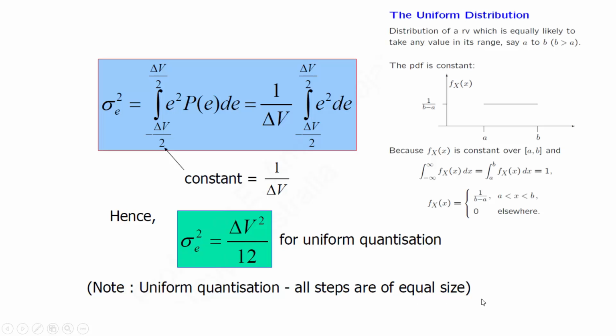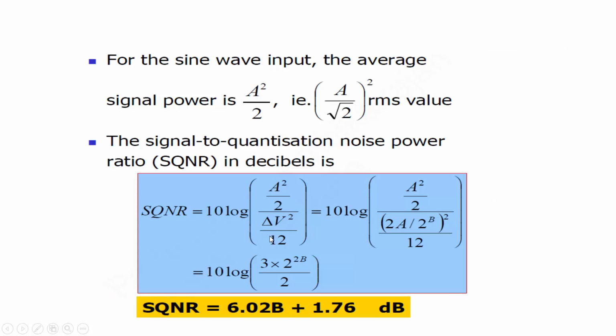There is a possibility that we can have different step sizes also, but for the initial case and for the explanation purpose, I am taking a uniform quantizer, meaning all these steps are of equal size. And the quantization noise, which is basically the variance, is delta V square by 12.